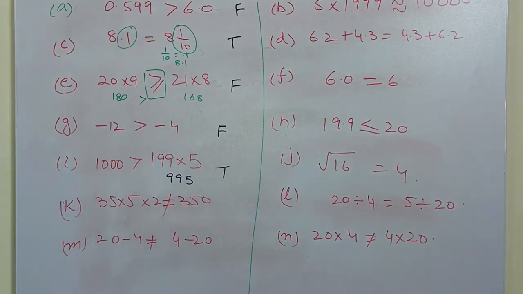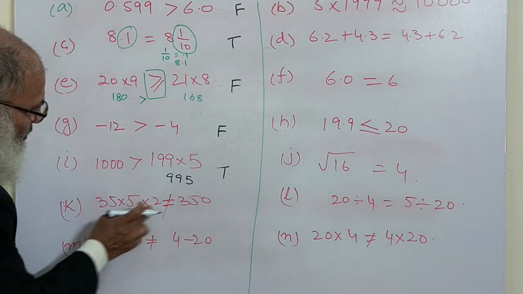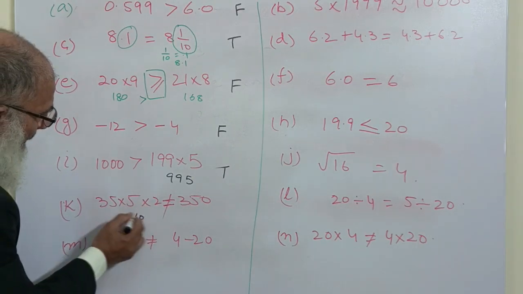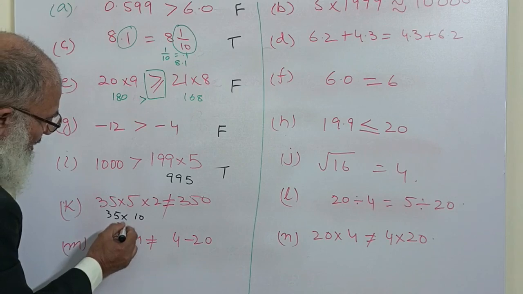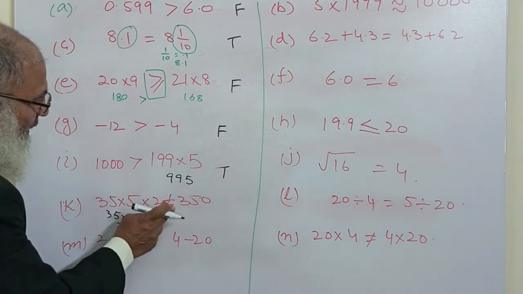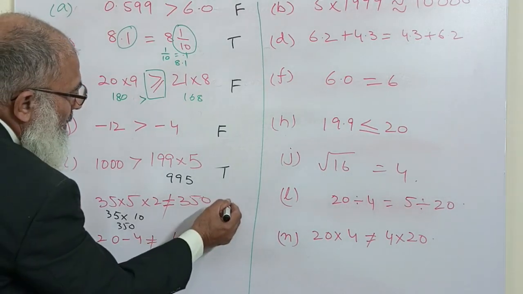Next comes 35 multiplied by 5 multiplied by 2 is not equal to 350. Let us see. 2 multiplied by 5, 10. Multiplied by 35, it becomes 350. 350 is not equal to 350. No, it is false.